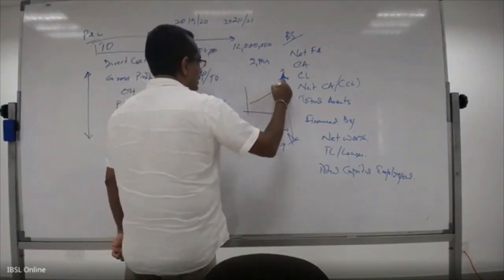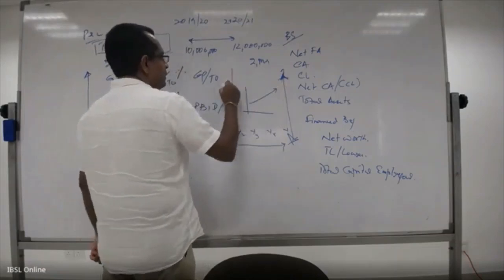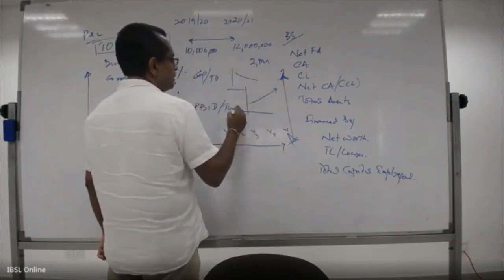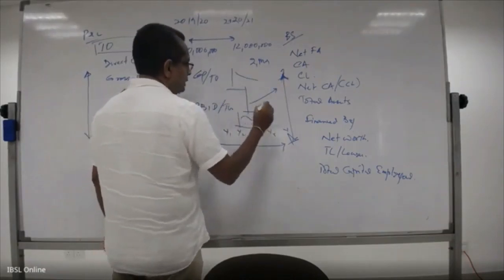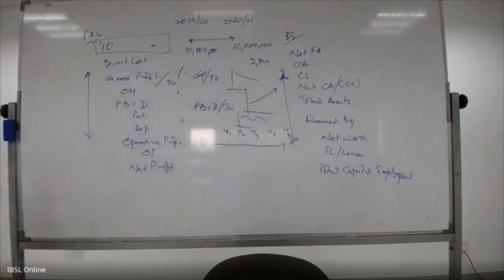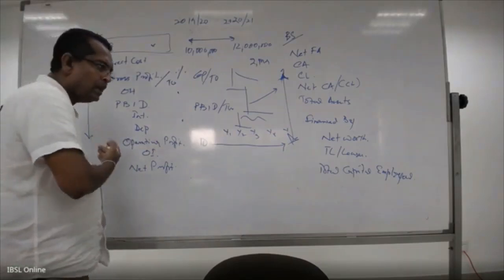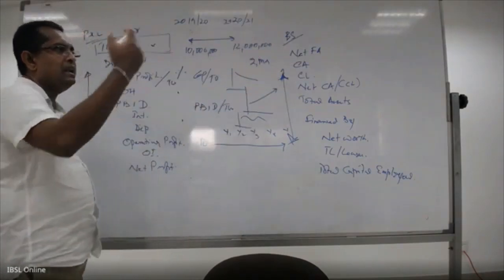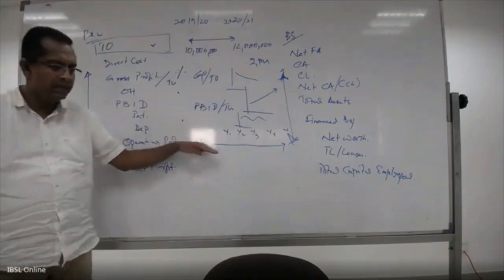Whether it has changed like this, whether it has changed like this, or it has fluctuated. Right? That is trend percentage. What is the trend in the turnover?